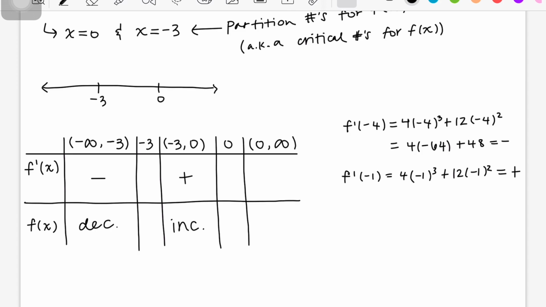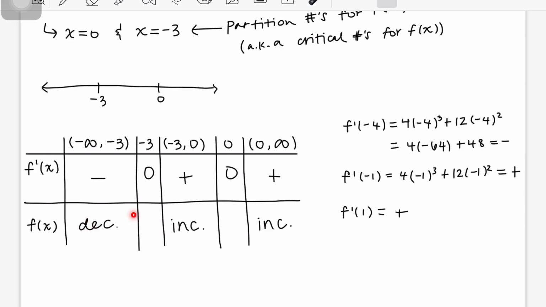All right, and then looking at our last interval, we'll plug in 1, and so we'll end up with 4 plus 12, so this will just be positive. So our function is still increasing here. Okay. And then we know that at these numbers, our derivative is going to be equal to 0.